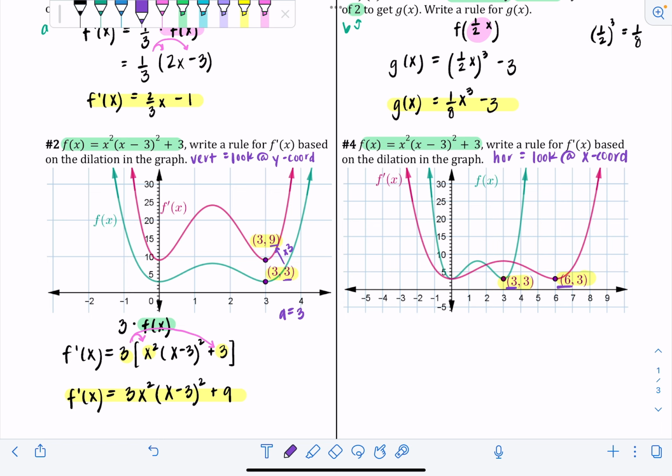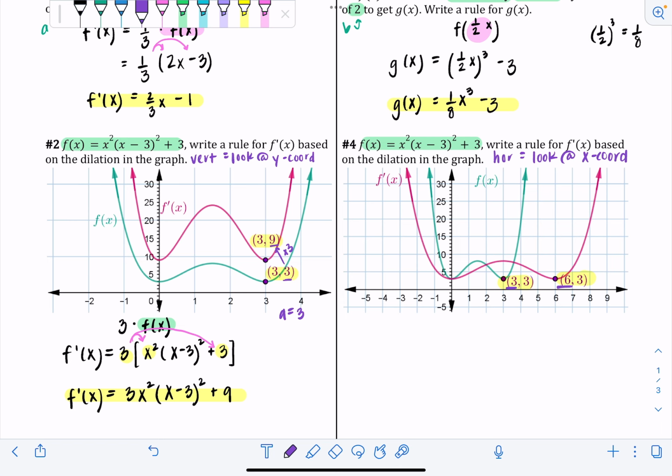If you see it's the y coordinate that's changing, then it's a vertical dilation. I guess the easiest way to remember is that your x coordinate is what's controlling the width of the graph. So if the x coordinate is changing, then it's changing horizontally. The y coordinate controls the height of the graph. So if the y coordinate is changing, then it's changing vertically.